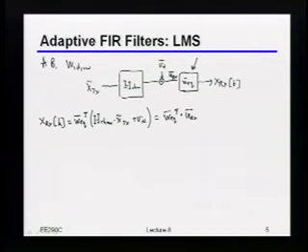Just like we talked about when we did this in MATLAB, if you want to do any kind of adaptation, what you basically have to do is figure out how wrong what you're getting is compared to what you actually wanted it to be. In other words, you always have to figure out what your error signal is that you can use to drive your adaptation. So in this particular case, what do you think is a good error signal for you to use? What do you know you want your received thing to be?